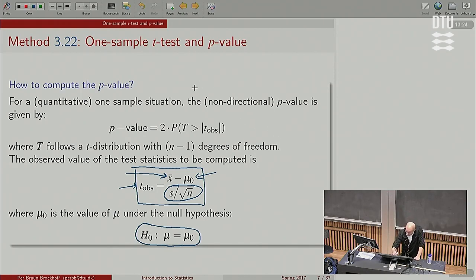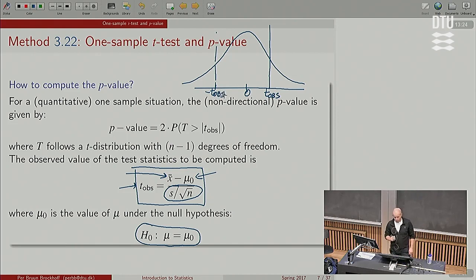So the p-value, if we have, for instance, t-obs here, we have a 0 here, I would have minus t-obs if t-obs was positive, otherwise it would be vice versa. It's symmetric. Then the p-value is the probability, here, those two together. That's the 2 times because it's symmetric.